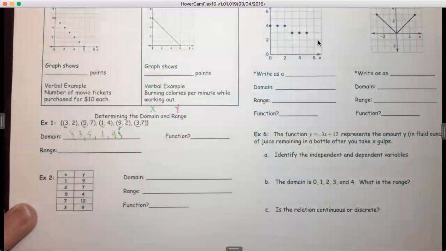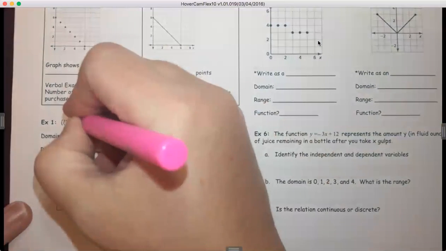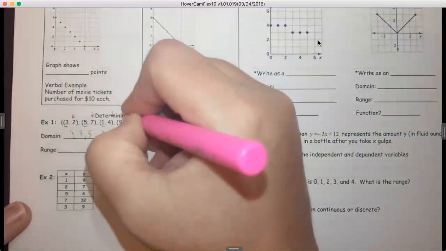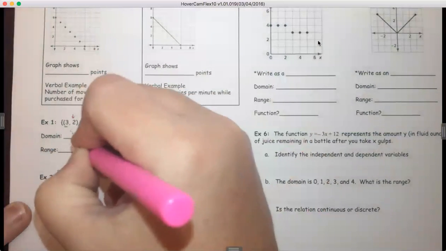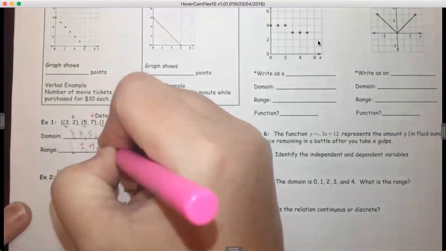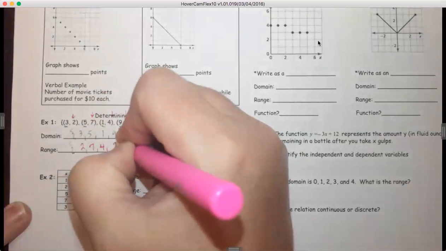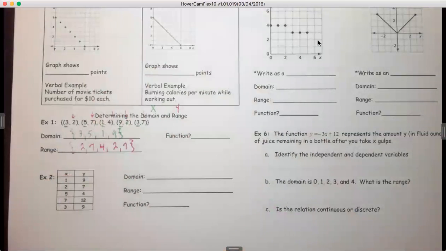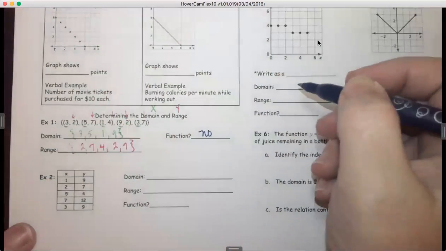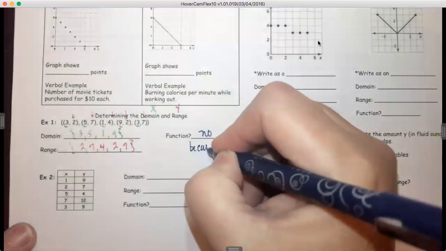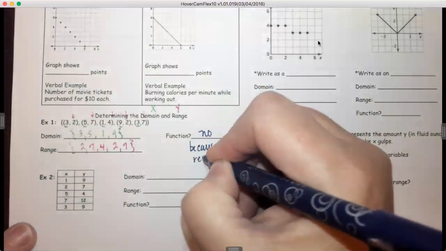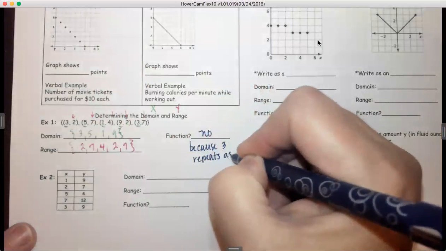You only have to write all the numbers once. Then y values: 2, 7, 4, 2, 7. I wrote them twice and it didn't make any difference. Is it a function? No, it is not a function because 3 repeats as x.